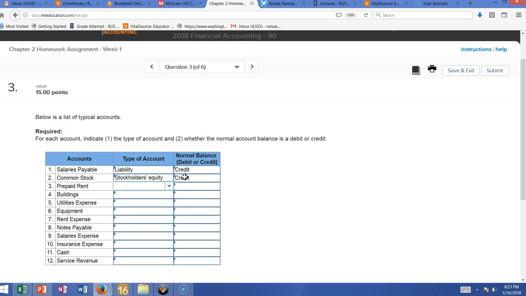We've talked a little bit about cash, accounts receivable, and supplies. But you're right, we don't really have a grouping of accounts saying these are assets accounts.